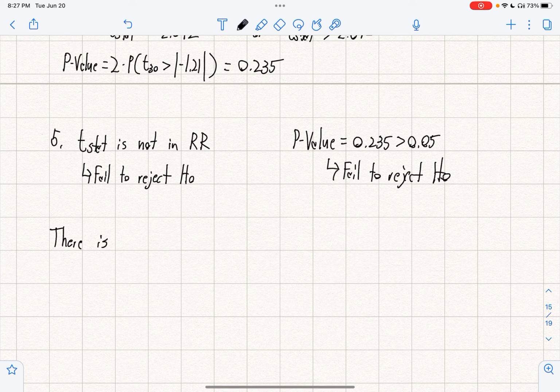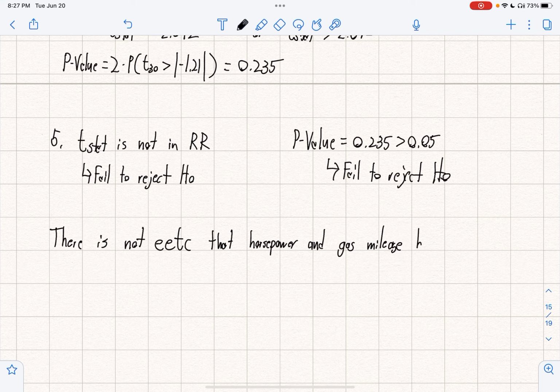There is not enough evidence to conclude that horsepower and gas mileage have a linear relationship at the alpha equals 0.05 level of significance.